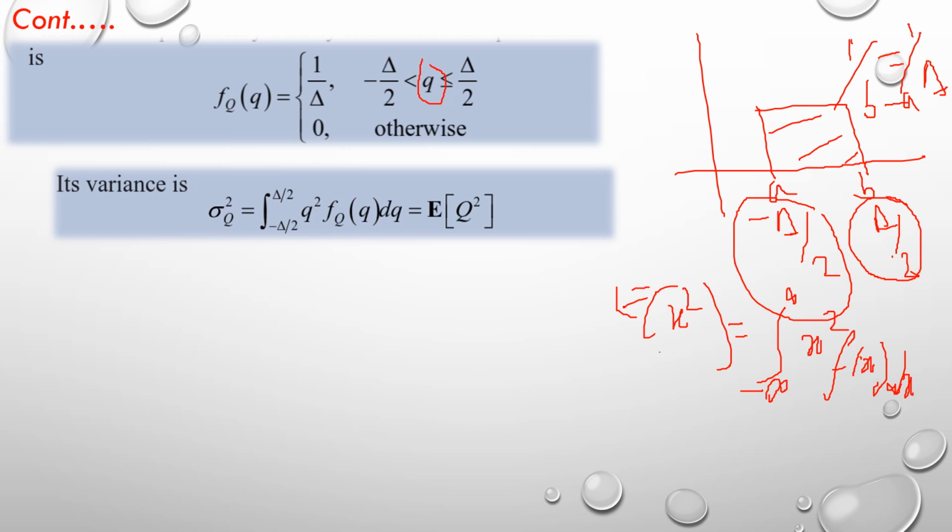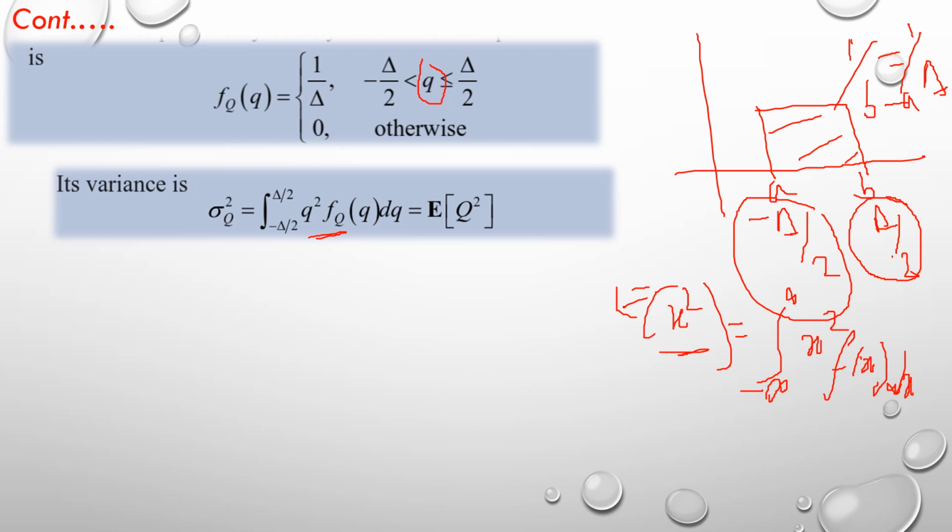So here x is equal to q, and this is a probability density function, equal to f_Q of q. So this is the mean variance, and in the general case the limit varies from minus infinity to infinity. In this particular case, the range varies from minus delta by 2 to delta by 2.